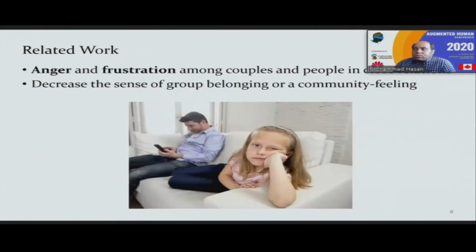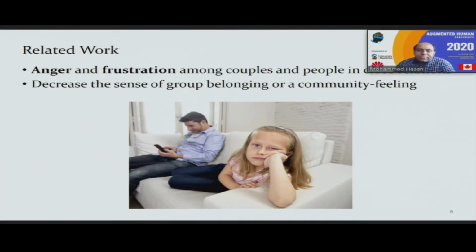Researchers also show that smartphone overusage affects family relations. It can lower the quality of interpersonal communication experience, as you can clearly see from this image. Additionally, this contributes to disengagement from group interaction and decreases the sense of community feelings.